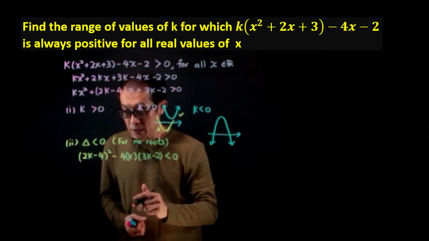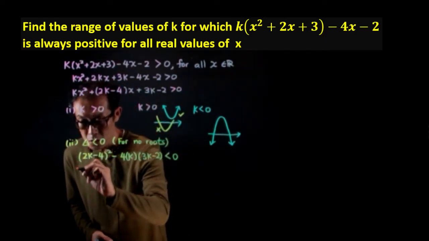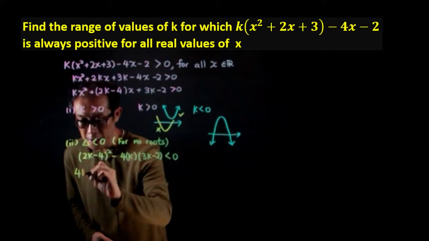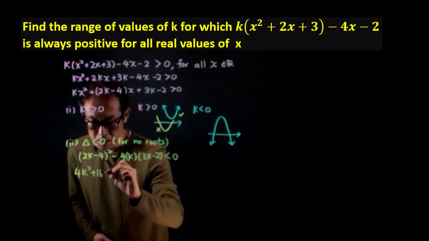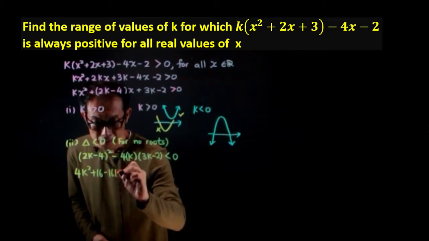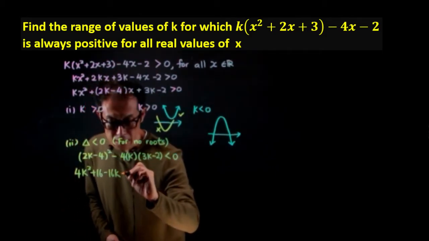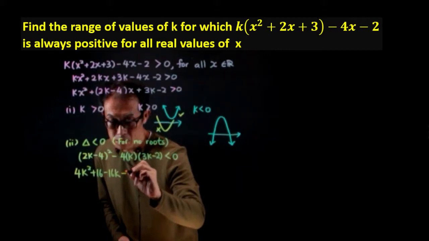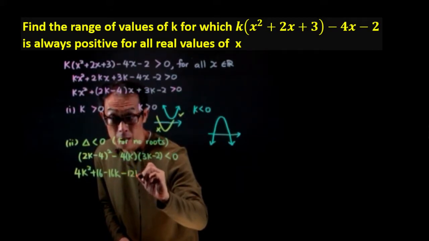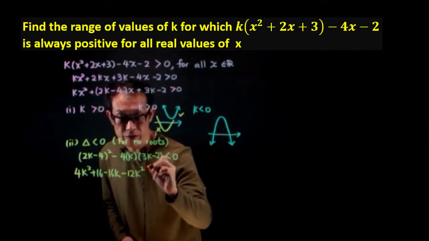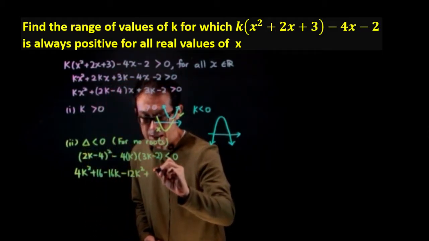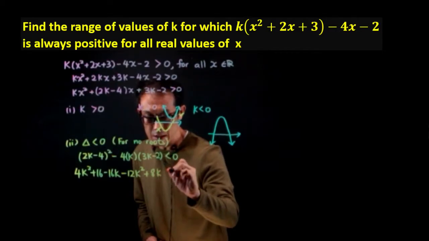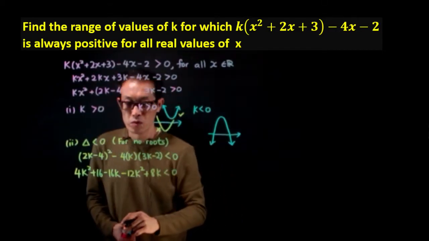Let me expand this. So you got 4k squared plus 16 minus 16k, minus 12k squared, and this I will have plus 8k is smaller than 0.